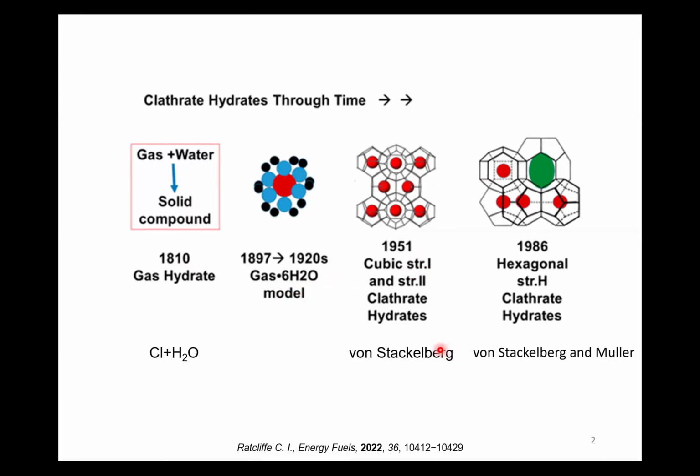von Stackelberg identified the structure of methyl chloride clathrate hydrate, which is cubic structure 1 and structure 2. There he told that the clathrate hydrate cage, which was thought to be 6 water molecules, was a pentagonal dodecahedron. It's the 5^12 water cage. And later, both von Stackelberg and Muller identified another structure, which is a hexagonal structure.